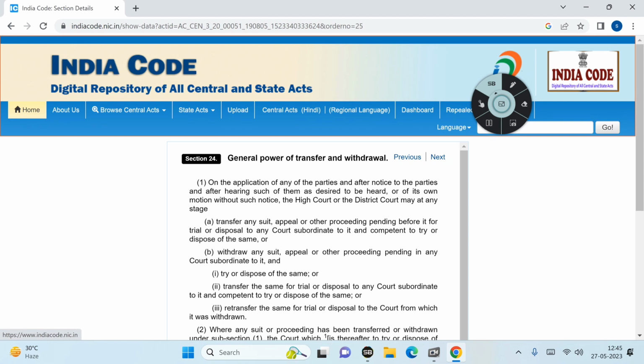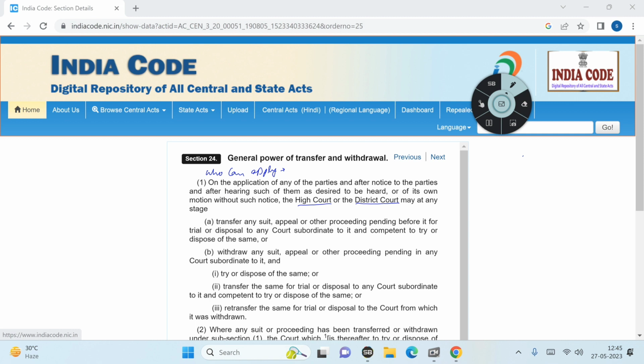So here, who can apply? According to the first, who can apply for transfer, or how can it be initiated? The transfer power of the High Court or District Court.